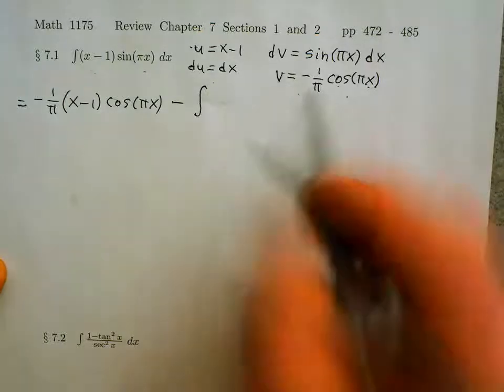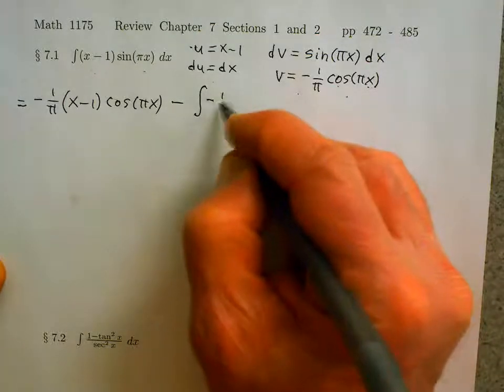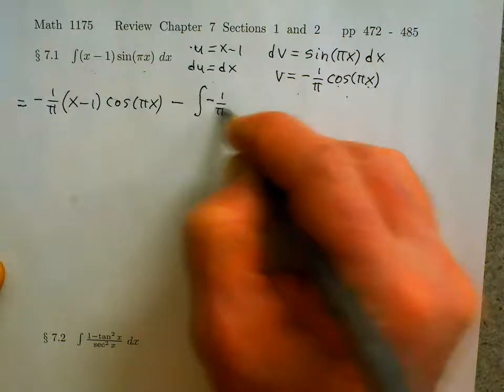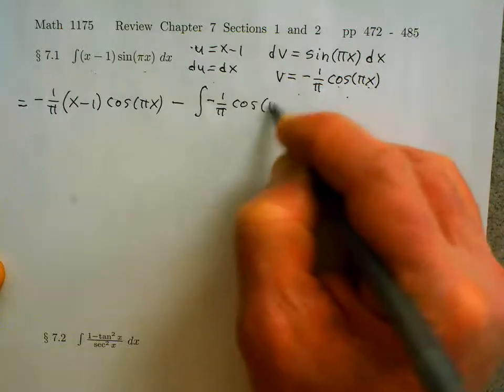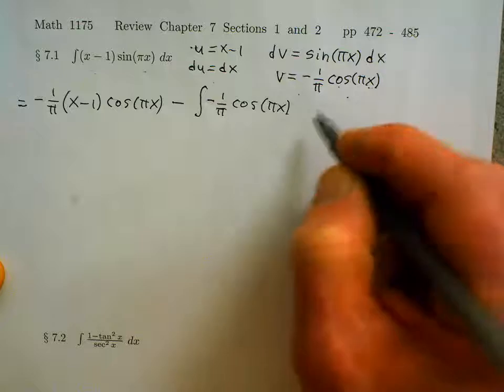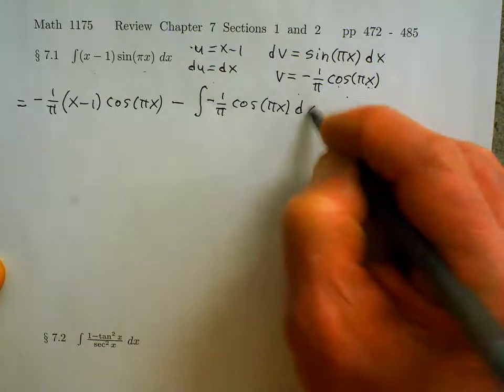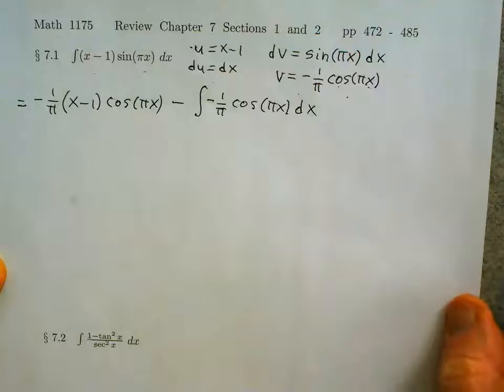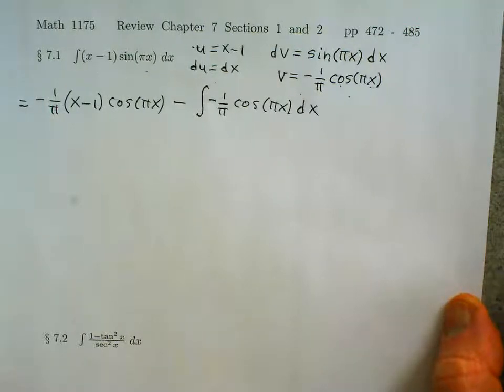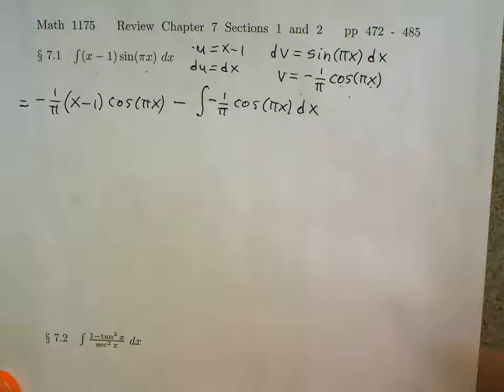So v is negative 1 over pi times cosine of pi x. And du is just dx. Now we're just a couple of steps away from the final answer on this one.